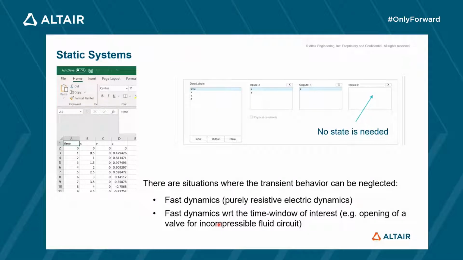Or systems where the dynamics with respect to the time window that you're interested in are very short. So in the case of opening a valve for incompressible fluids, when a valve is open a certain amount, the flow rate is X. And if it's open by another certain amount, the flow rate changes to Y.